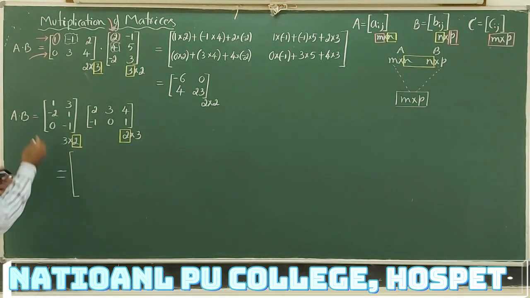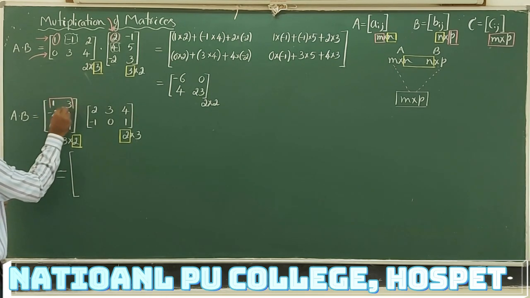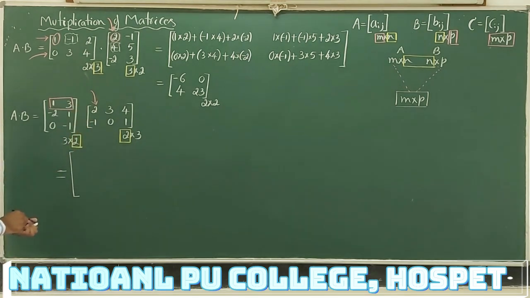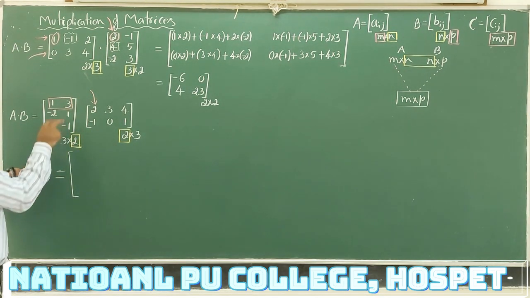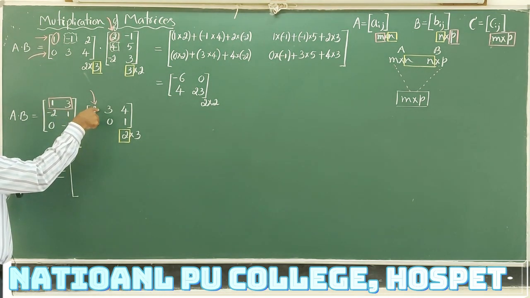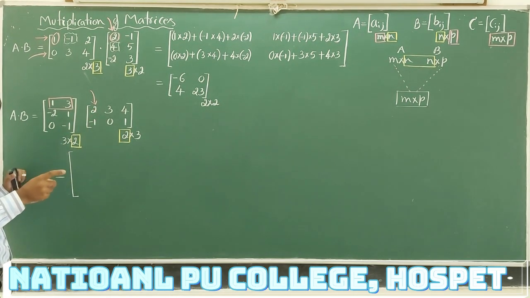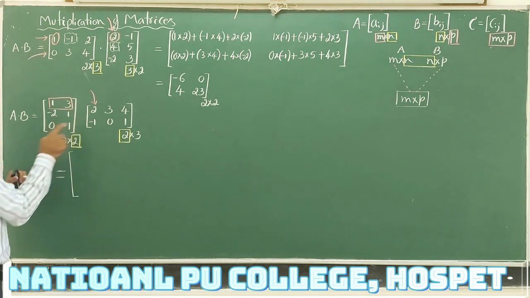First I have to take first row elements of first matrix, first column elements of second matrix. Now look at how many elements are there in the row? 2. How many elements are there in the column? 2. So exactly the same number of elements. Make pair of elements now. 1 with 2, 3 with minus 1.